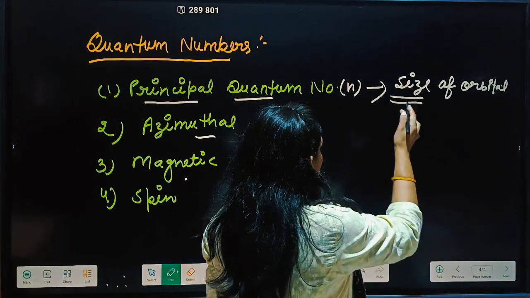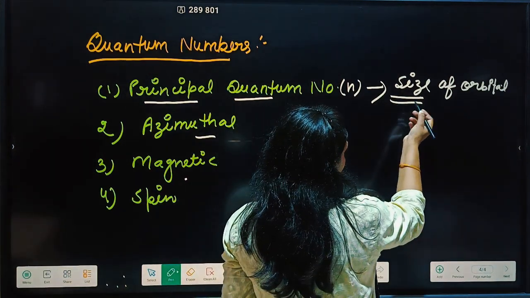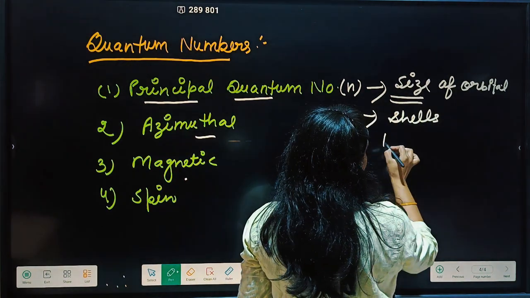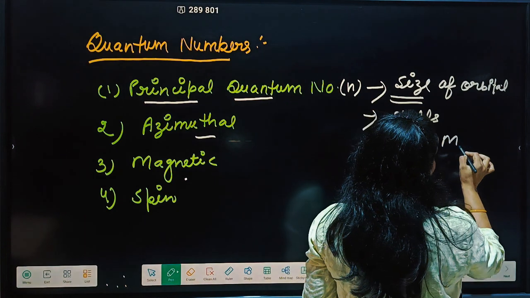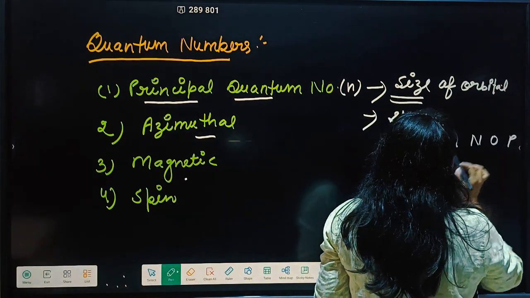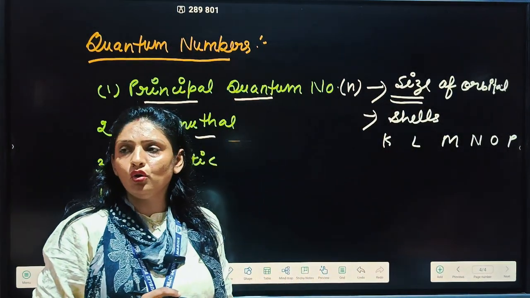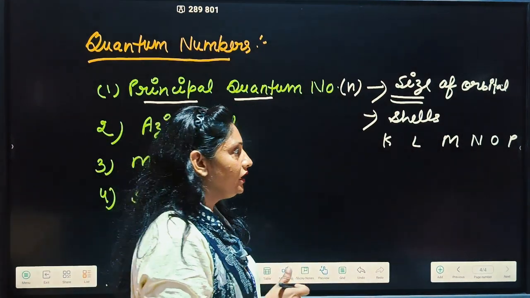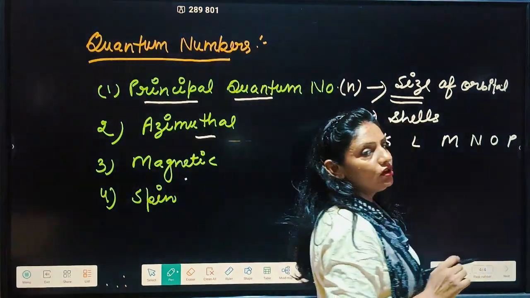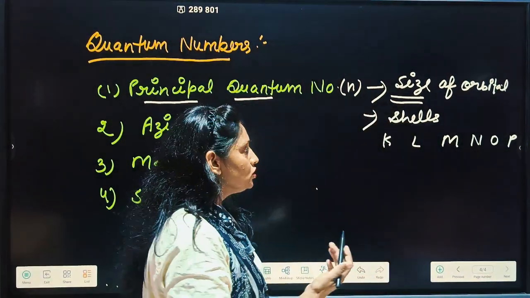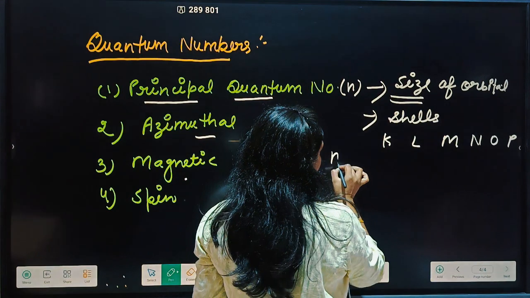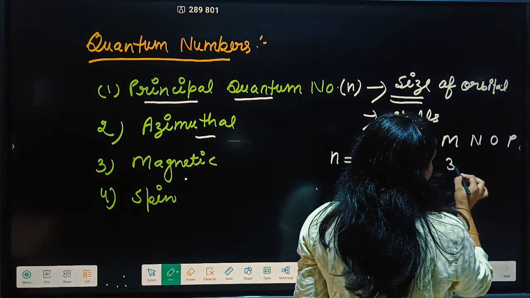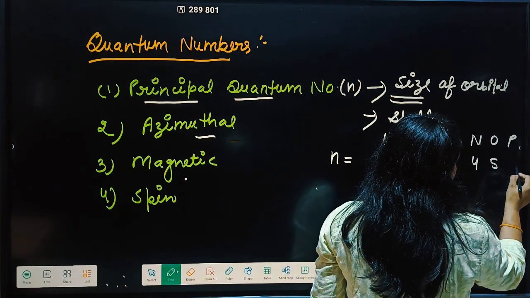Its value denotes the shells like K shell, L shell, M, N, O, P, meaning in which shell the electron is present. So the value of n may be 1, 2, 3, 4, 5, 6 in this way.